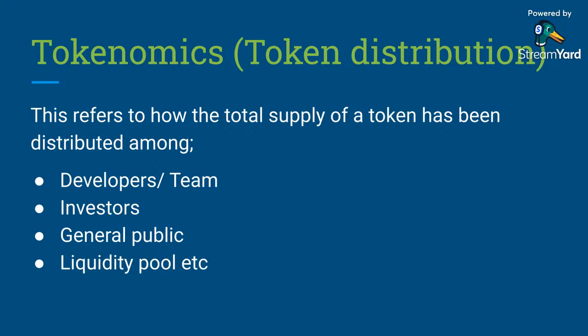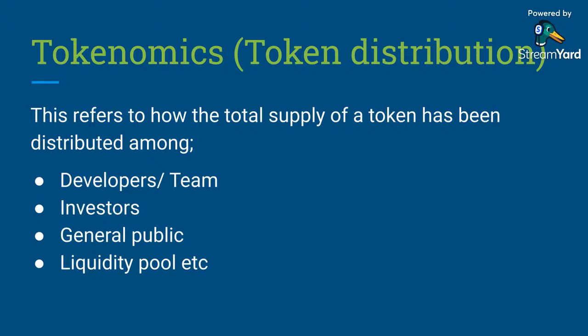So why do you need to pay attention to this particular distribution? Because imagine a coin has 100% total supply, and they give investors 40%. It is relatively high. You know what it means for whales to own a particular cryptocurrency. Normally, cryptocurrency is supposed to be something meant for the public.